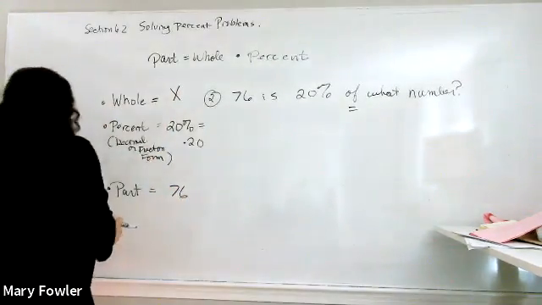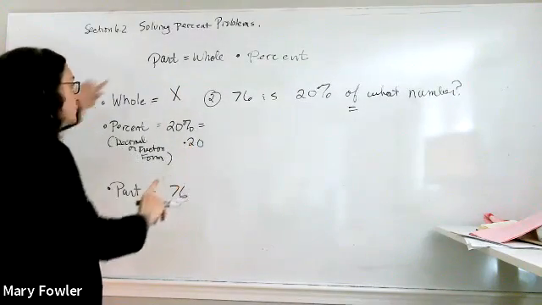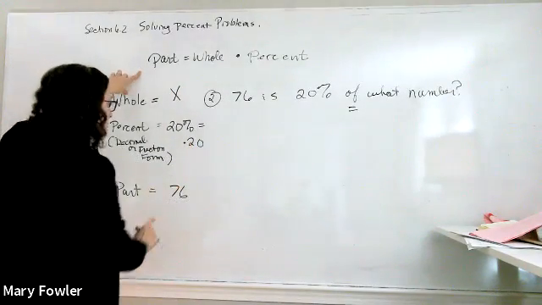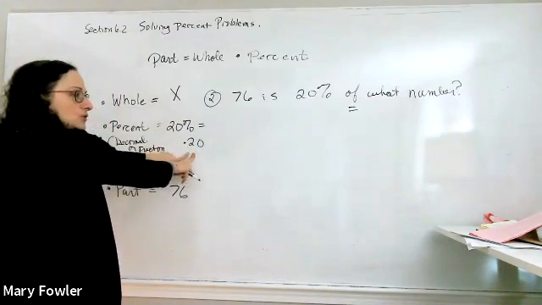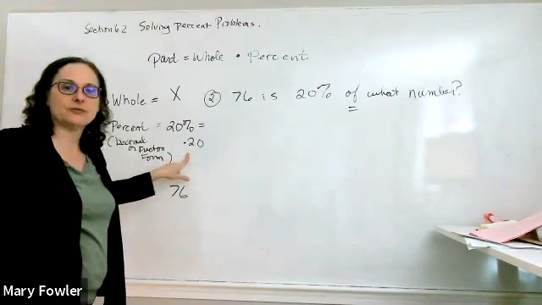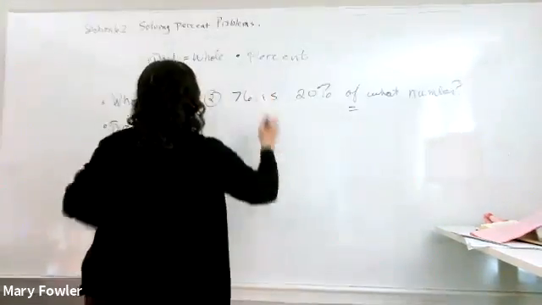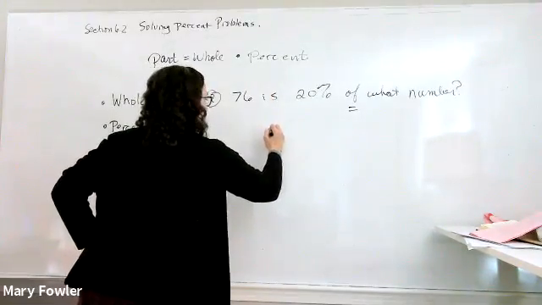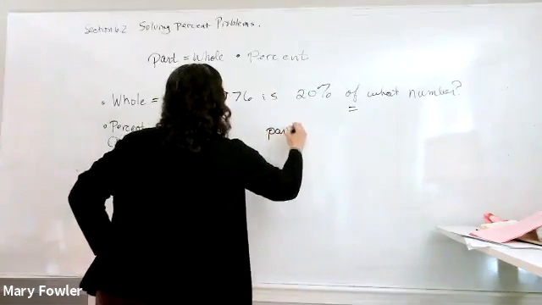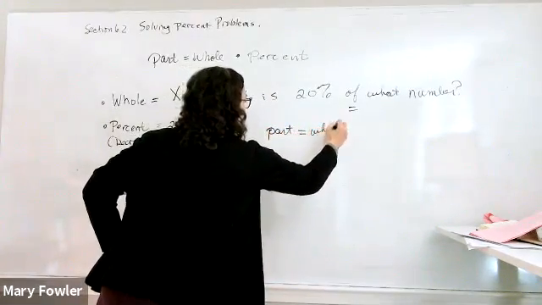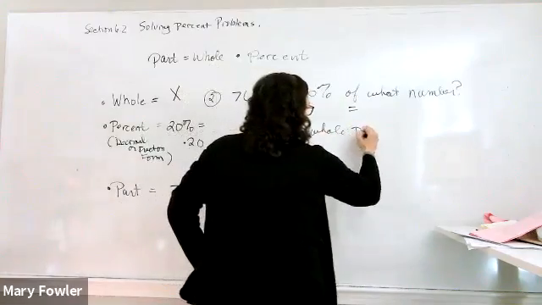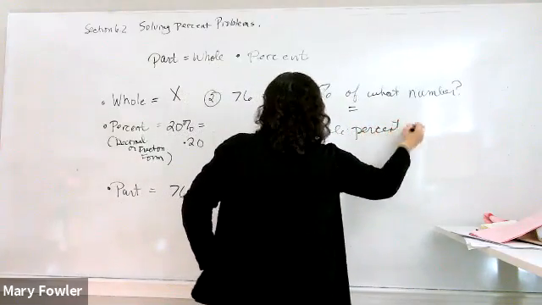Okay, so let's go ahead and substitute into the percent equation. We're going to make sure we use the decimal or fraction form of the percent number. Okay, so part is equal to whole times percent.